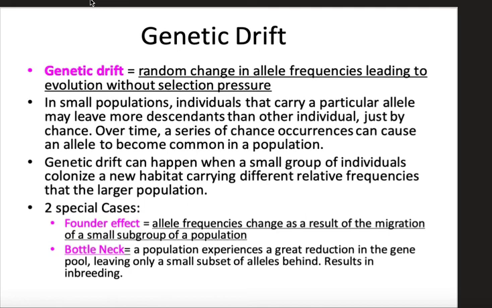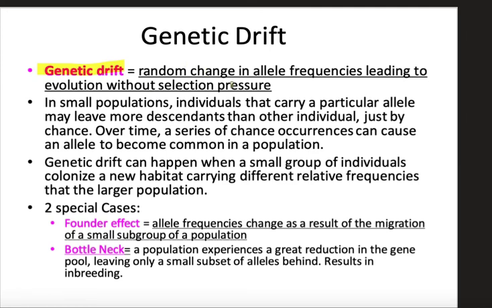Okay, so we have just 2 ideas left, and these are basically scenarios in which evolution could happen without selection. Darwin never thought about anything like this, but we now understand that there are some situations in which species might experience genetic changes when there's no difference in fitness.